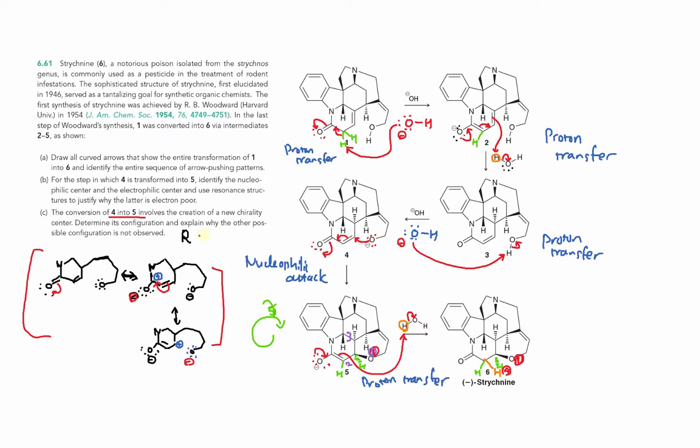Then let's see, why can't we have S or something else? In other words, what if we have the wedge on that oxygen and then the dash? No, what if you have a dash on that oxygen and the wedge on that hydrogen? Well, that's not possible because of this specific perspective drawing. You see that wedge there?